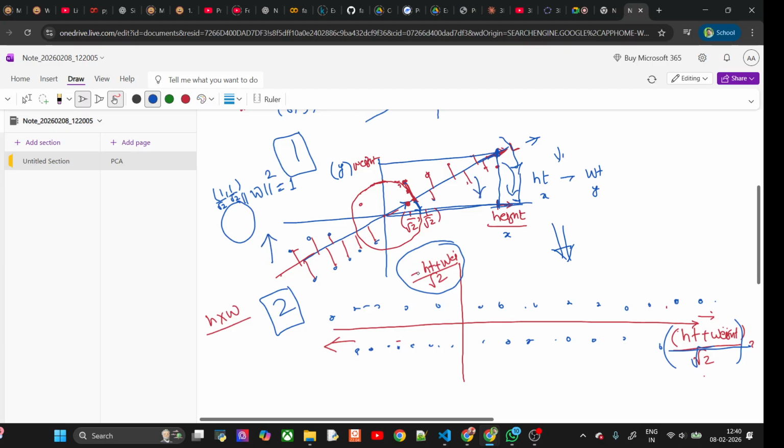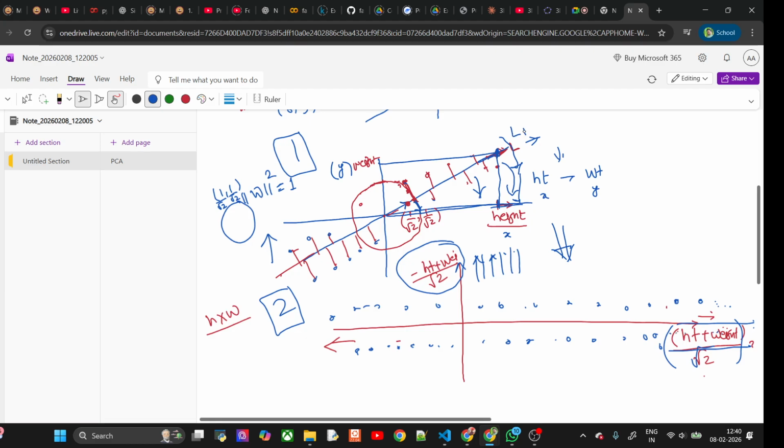So that's why this graph is minus height plus weight divided by under root 2, because this is like a negative sign. If I introduce a new point, it is coming on this line, but nothing is coming here. It's not giving any information about this axis, it is just giving the information about this.